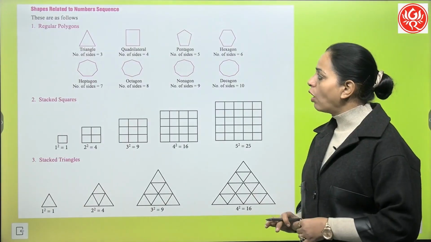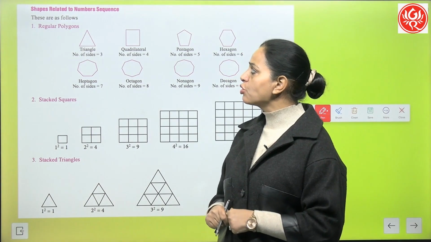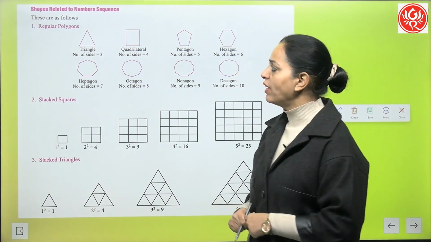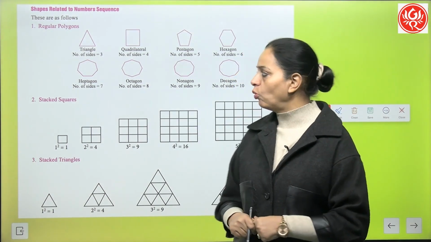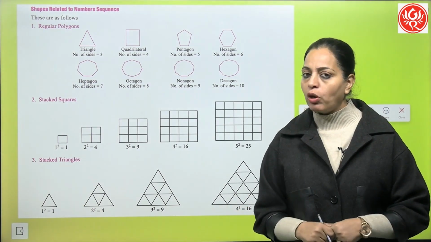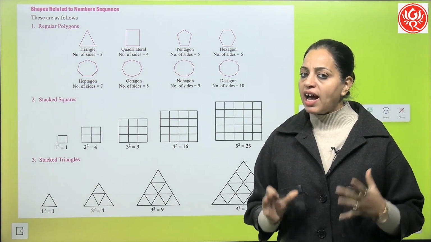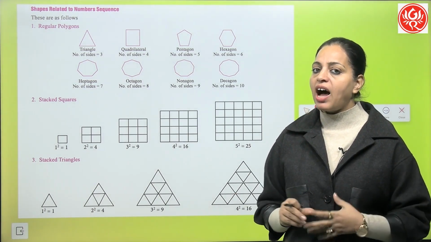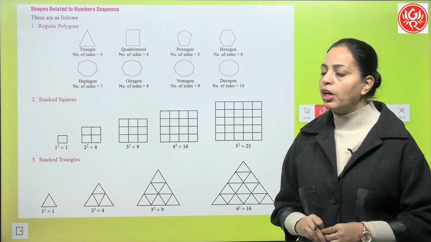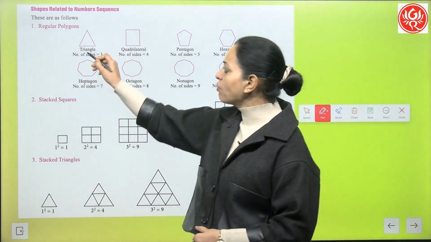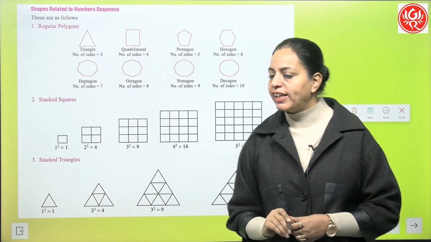Right? So now shapes related to number sequences. These are as follows. The first one, regular polygon. You know about a regular polygon? A polygon in which all the sides and all the angles are the same is a regular polygon. See, the first one is a triangle, number of sides 3.